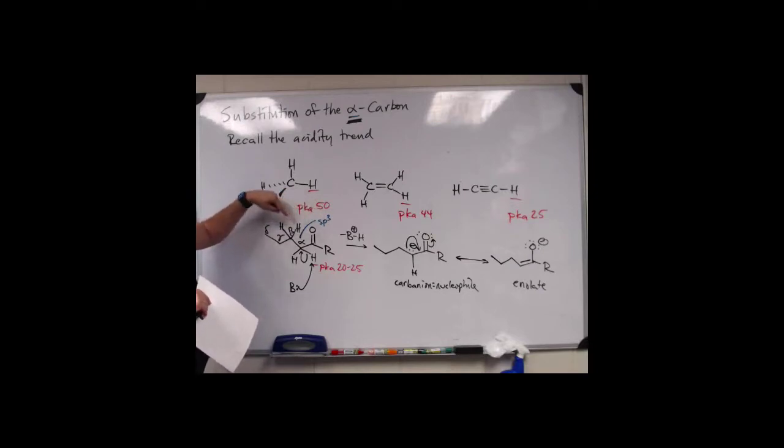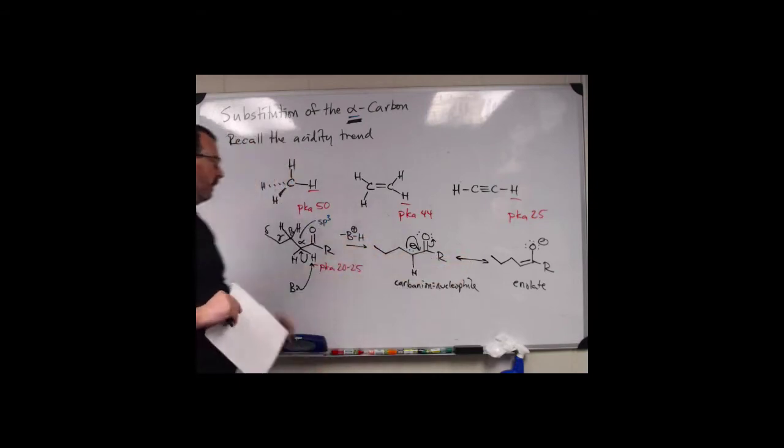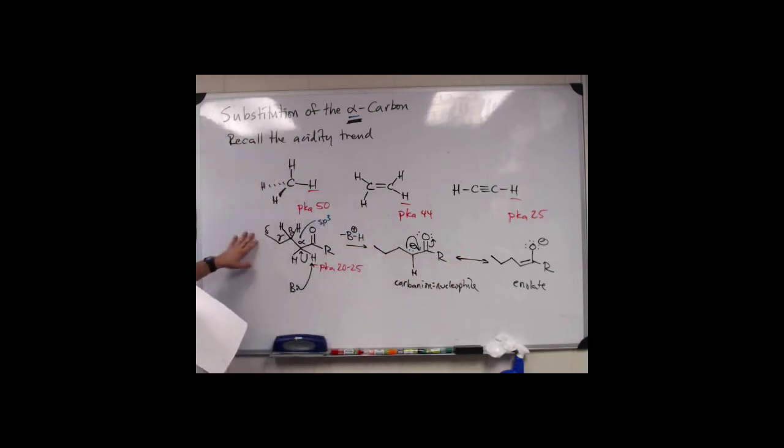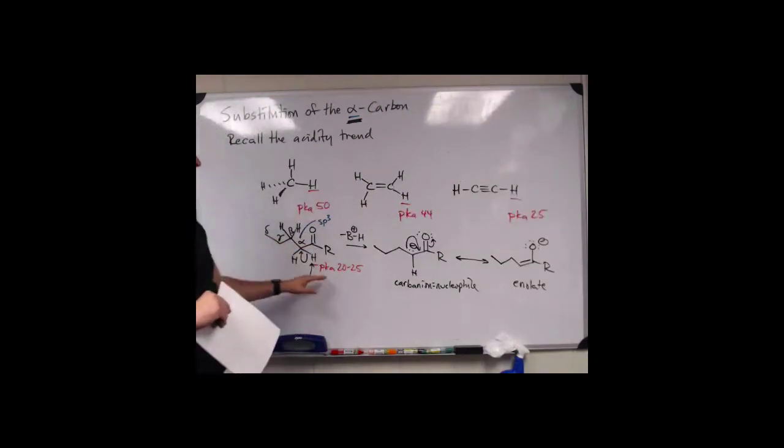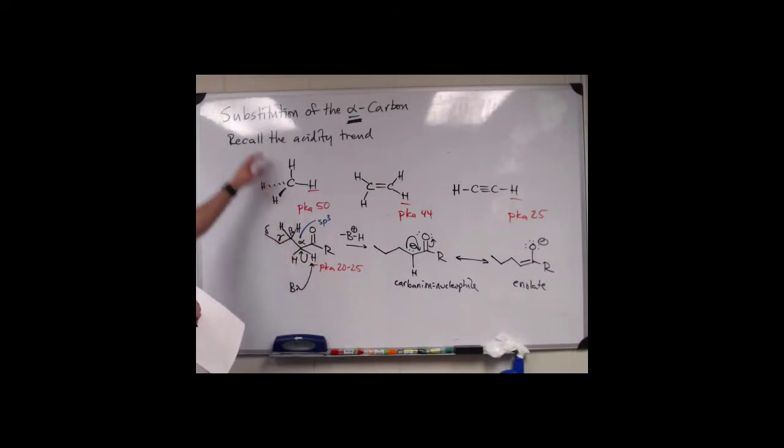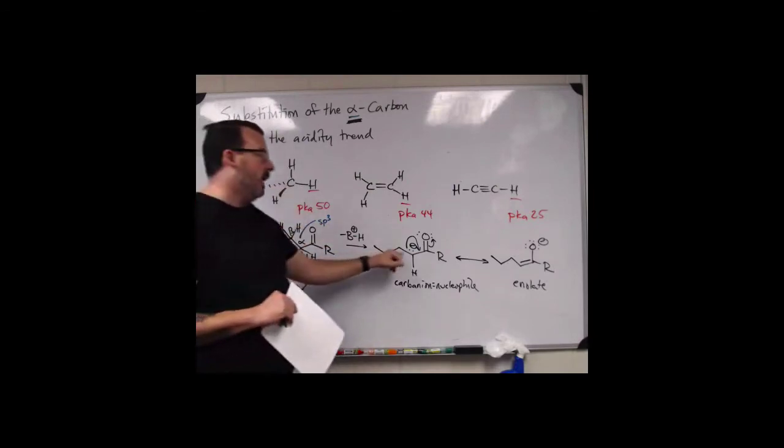The reason for that is there's no stabilization that you see at the beta, the gamma, or the delta. It always has to be a hydrogen next to a carbonyl to reach this acidity. And that's where the substitution is going to take place, at the alpha carbon.